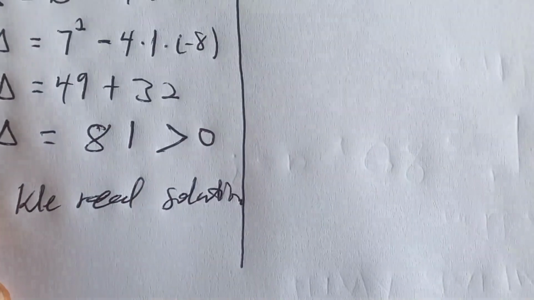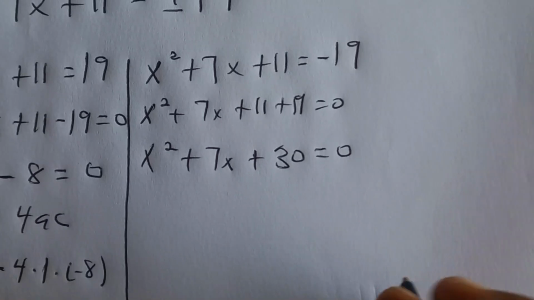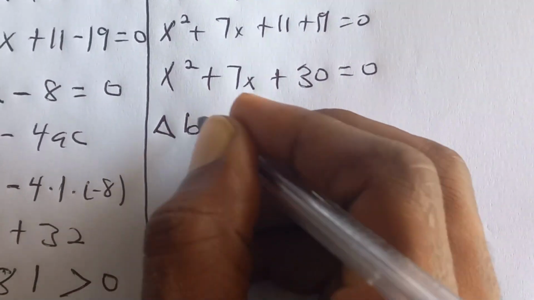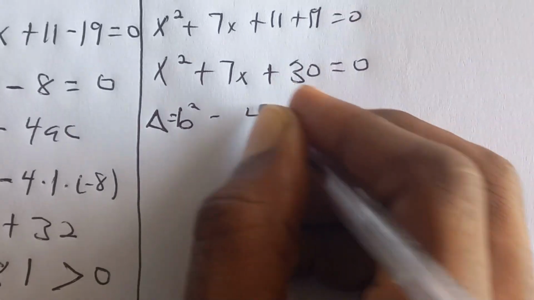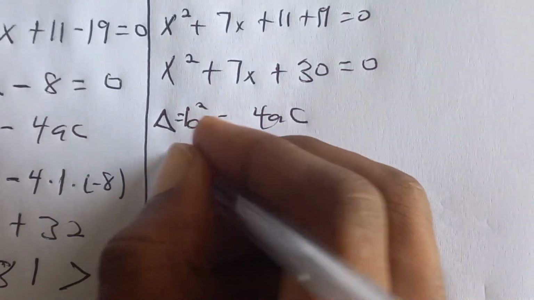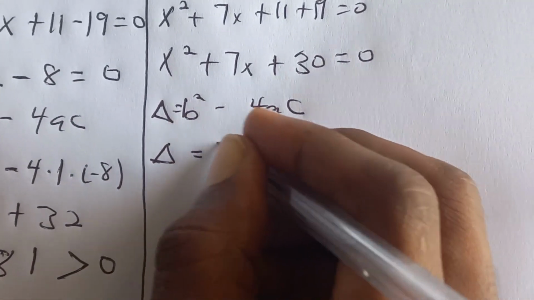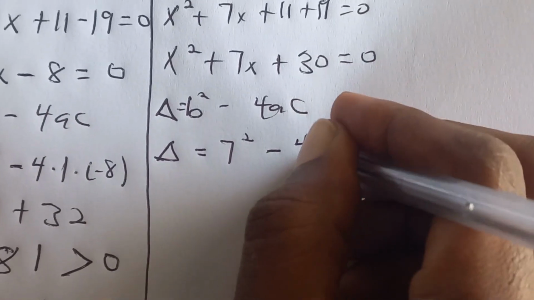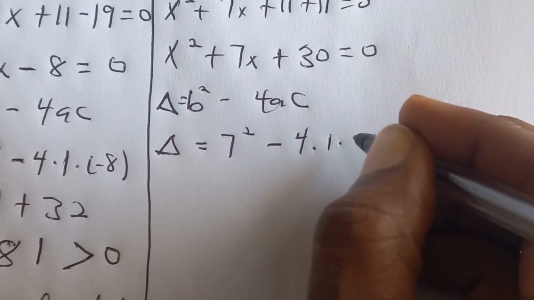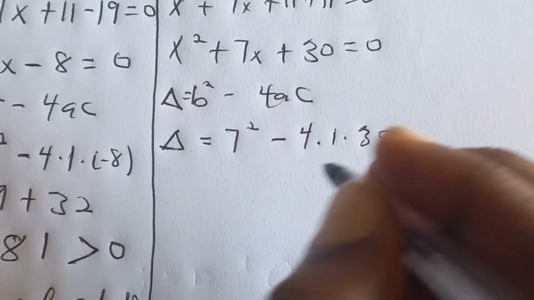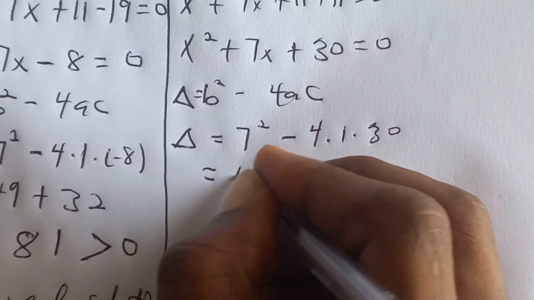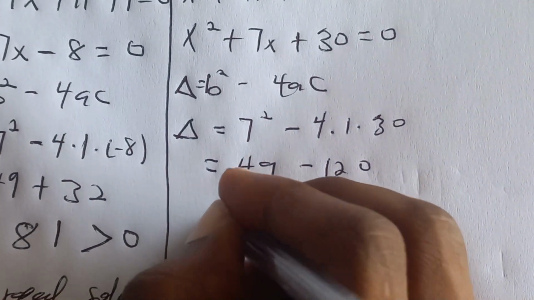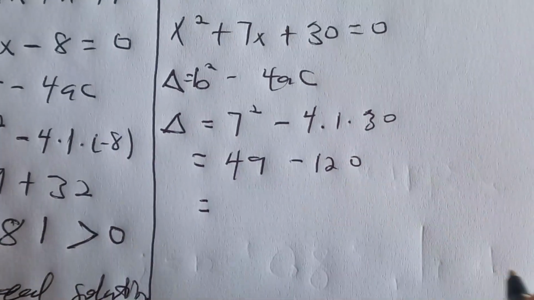Let's complete this too. Okay, so now with this, our discriminant, which is equal to b squared minus 4ac, you have 7 squared minus 4 multiplied by 1 multiplied by 30. So we have 49 minus 120, okay, which is less than 0.